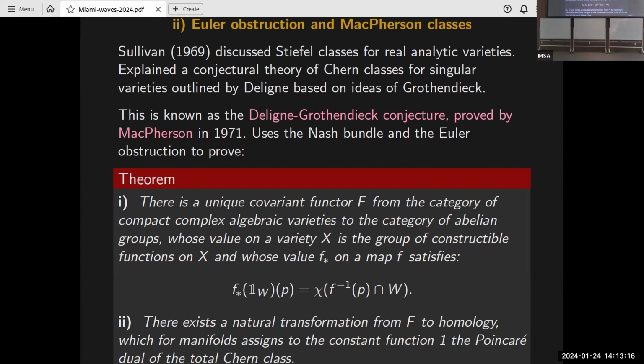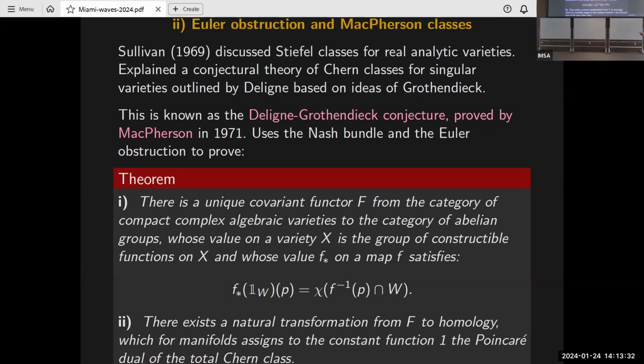Okay? So what MacPherson is doing is that to every constructible function on an algebraic variety, he assigns a homology Chern class. Very fancy.